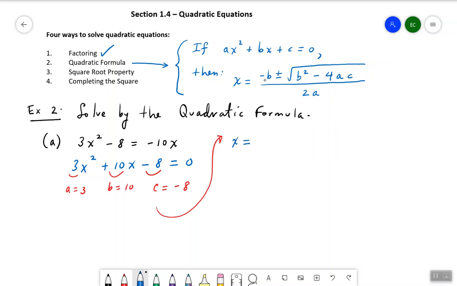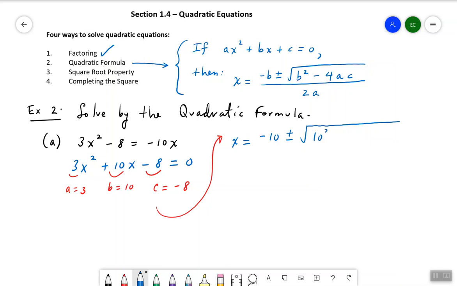So x will be equal to negative b, that's negative 10, plus or minus. Notice the plus and the minus are going to give two different solutions, just as we expect for a quadratic equation. Underneath the radical we have b squared.